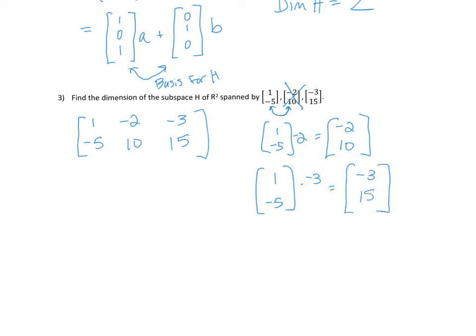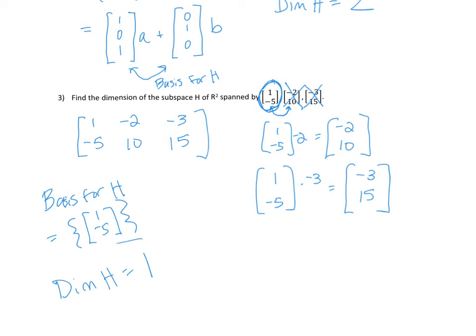So yes, those 2 are multiples also. So take that one out. Now I have a linearly independent set with only one vector in it. So my basis for H is a set that just has this one vector, which means the dimension of H is 1. There's one vector in the basis.